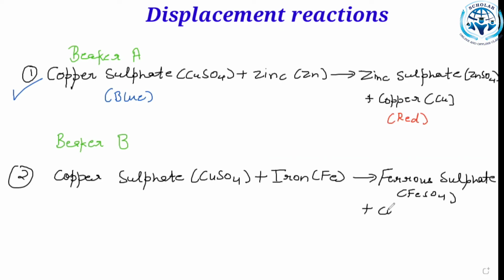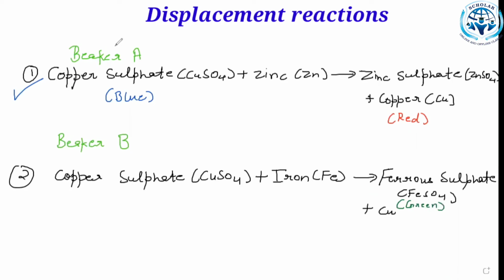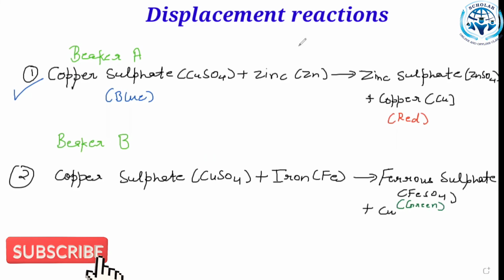And copper is separated. Now ferrous sulfate is green. Again, you can recognize that reaction has occurred by the change of color, as copper sulfate is blue. Now let us discuss the observations.